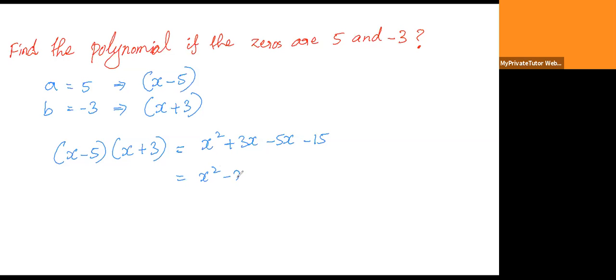X square minus 2x minus 15. We will get a quadratic polynomial if we have two zeros.